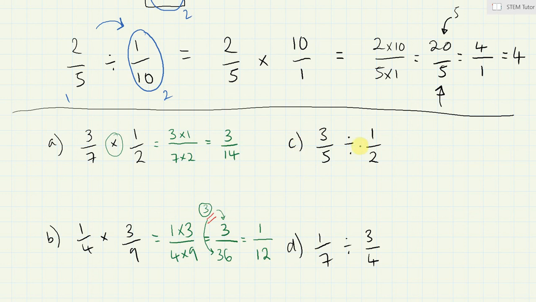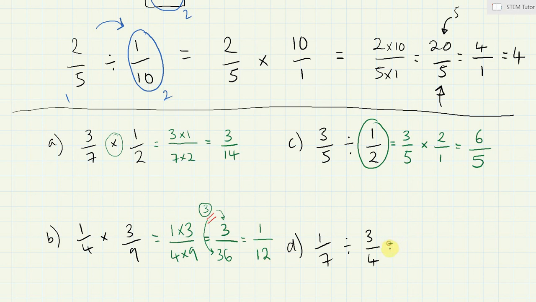Now moving on to C and D, so these are divide. So again, it sometimes helps just to rewrite the question, but with that second fraction, or the fraction we're dividing into, flipped, and we change the sign to a multiplication. And now again the process is exactly the same as A and B, so 3 times 2 is 6 all over 5.